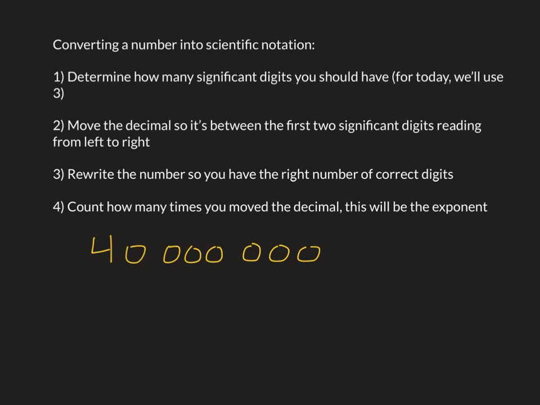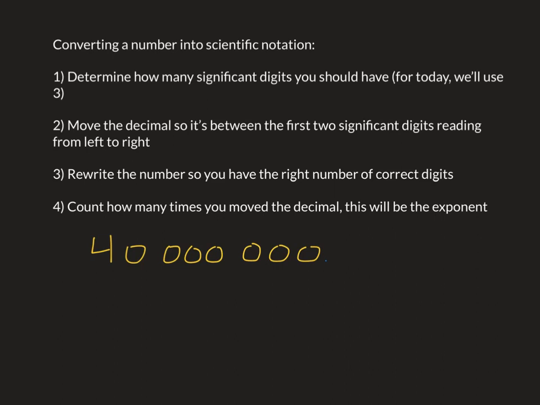All right. Second, what we want to do is take the decimal place and move it so that it's in between the first 2 significant digits, reading from left to right, okay? So if I look at this number I wrote down at the bottom of the page here, 40 million, right now it's got a decimal place that I didn't write down, but it's right there.